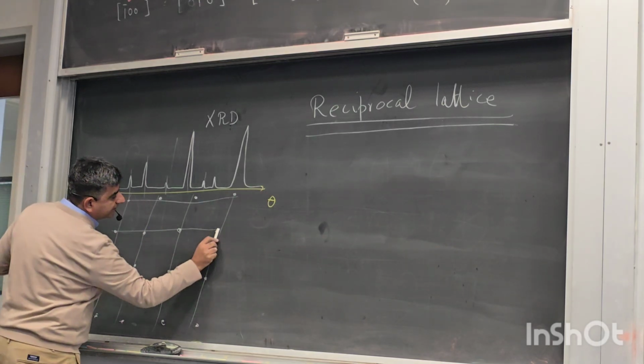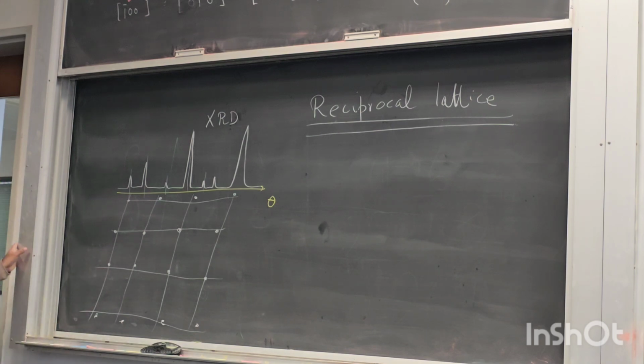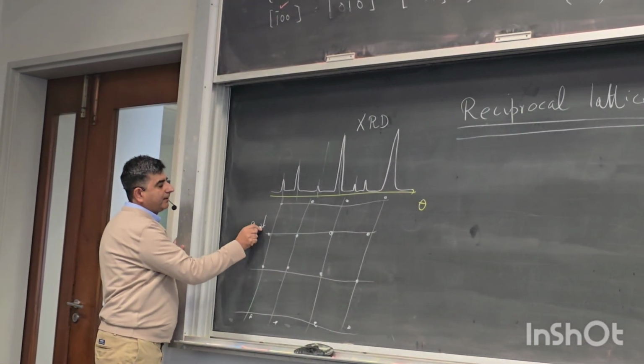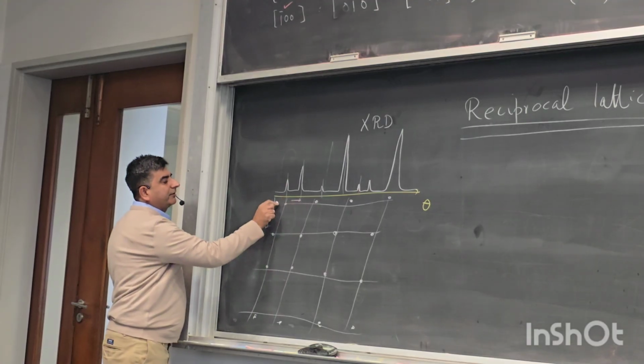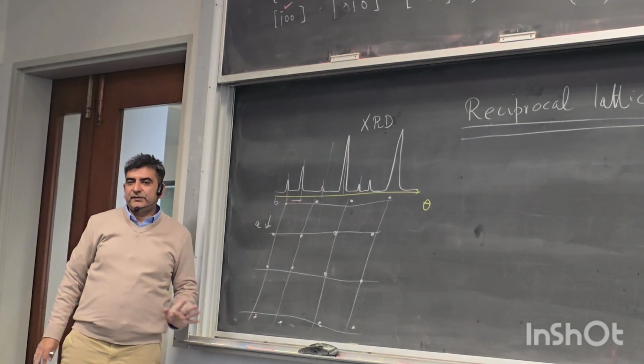These grid lines are just a guide to the array, not something real, right? This is the monoclinic lattice. This is the A direction. This is the B direction. All right. And these lengths may not necessarily be the same.